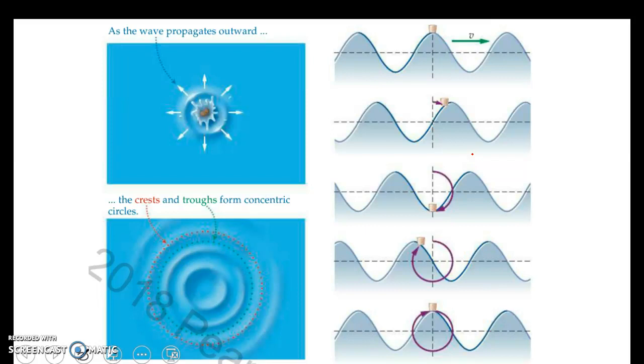Water waves are kind of a combination. So let's say we take something and we drop it into water, like a pebble. What happens is the waves go out in all directions. But in a water wave, as the wave goes to the right, this object moves in a circle.